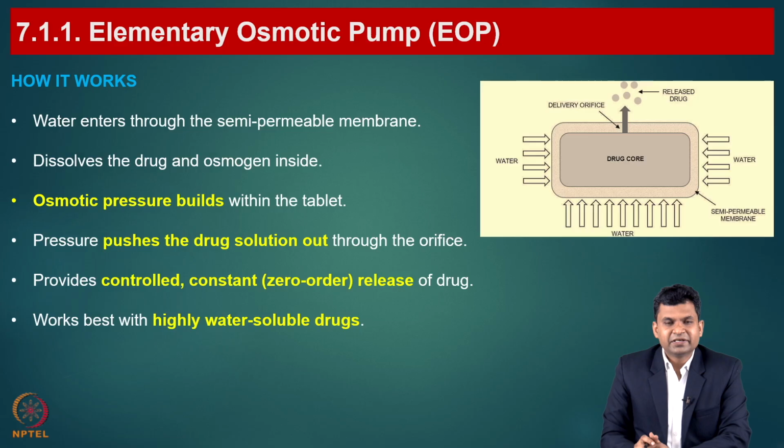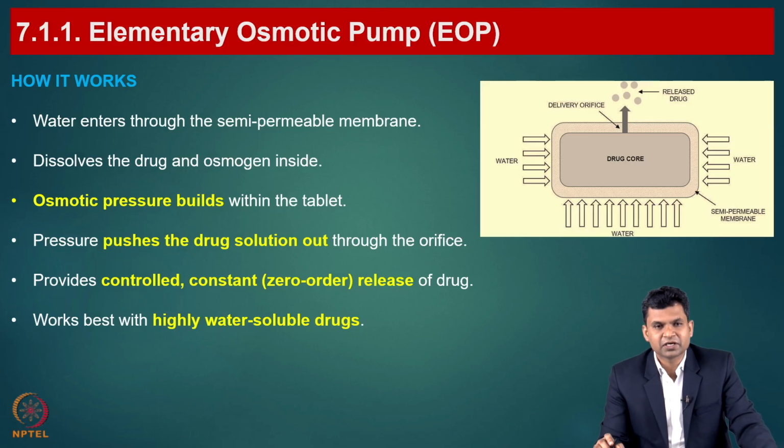In the elementary osmotic pumps, these are the single chamber osmotic pumps, nothing but here we have only one chamber which contains the drug core, and which is loaded with the osmogens. You do not see any other chamber, only a single chamber.